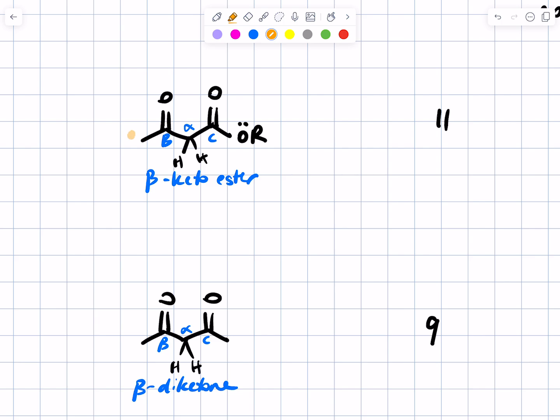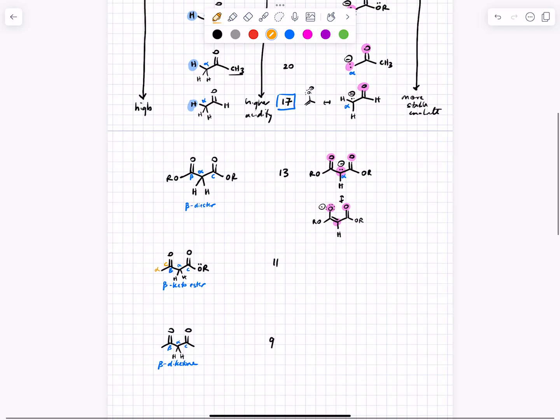So this carbon here, I meant to use the orange pen, there we go, is alpha to the orange carbonyl carbon, and yes, you would predict it to have a pKa close to what's expected for a ketone, around whatever it was, 20? Yeah, because it's only adjacent to one carbonyl. Others?